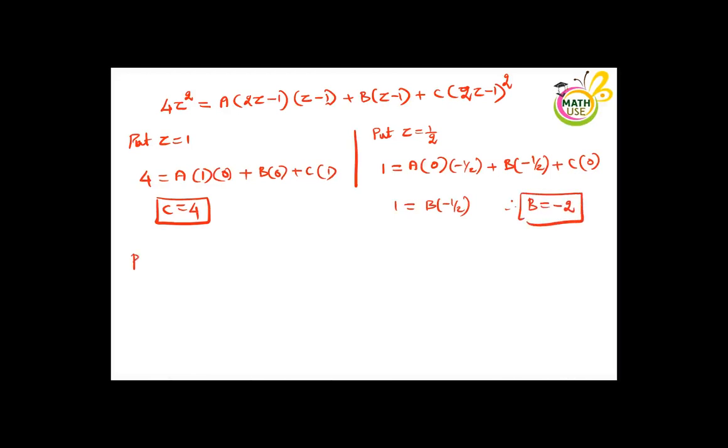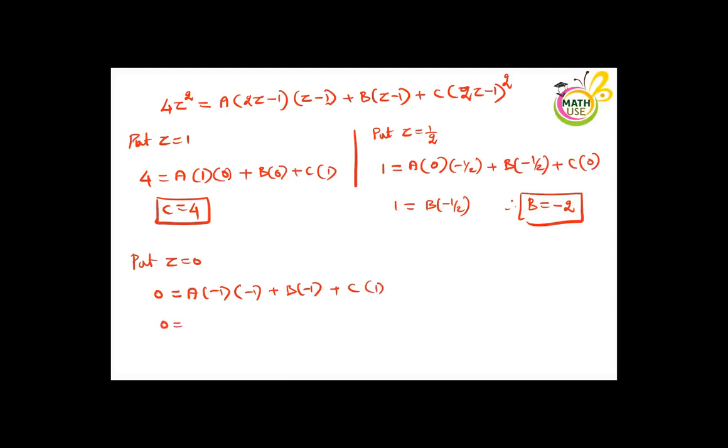So the next one, we will put z equal to 0. By applying z equal to 0, we get 0 equal to A into minus 1 into minus 1 plus B into minus 1 plus C into (minus 1) the whole square, it is 1.